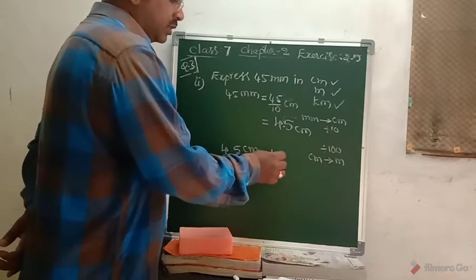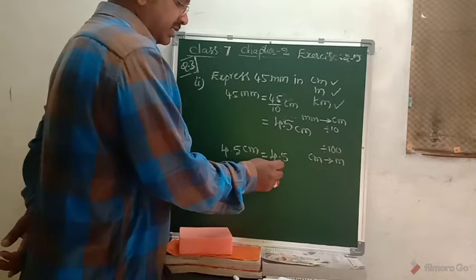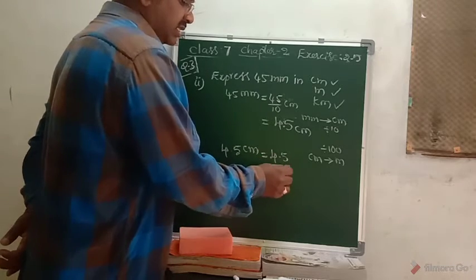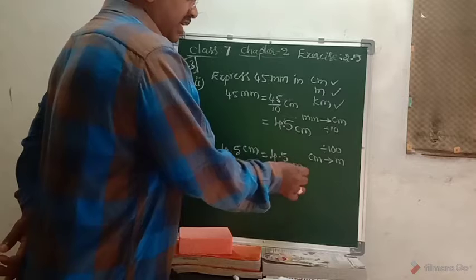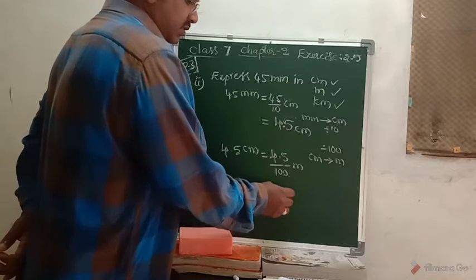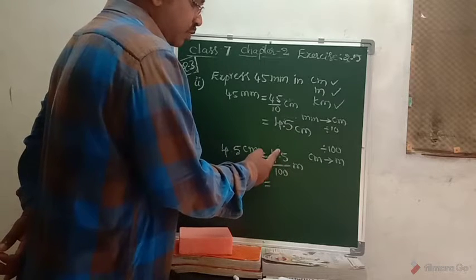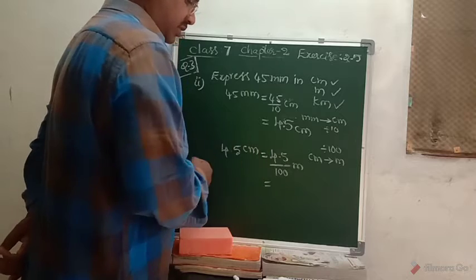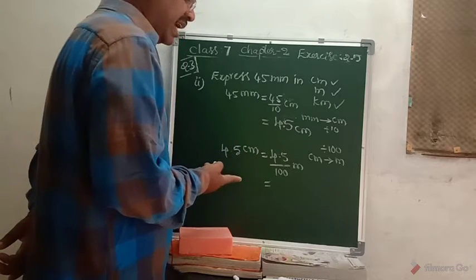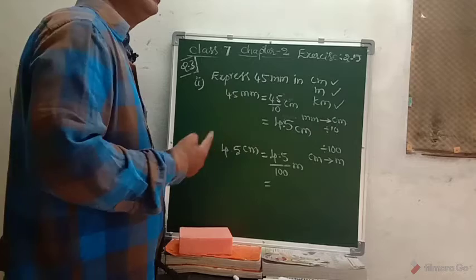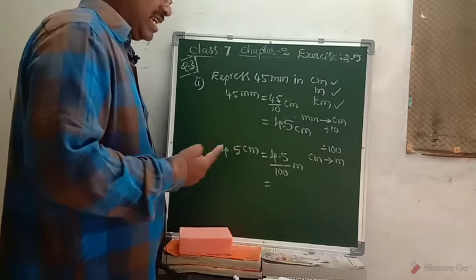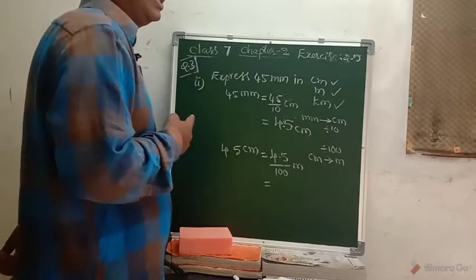When we divide a decimal by numbers like 10, 100, 1000, the decimal point moves to the left.